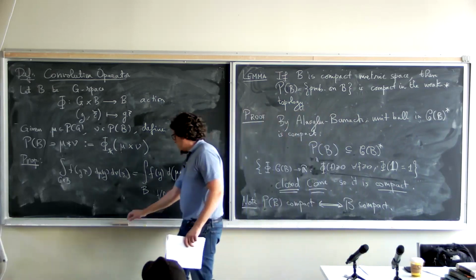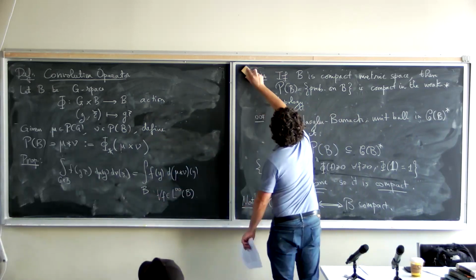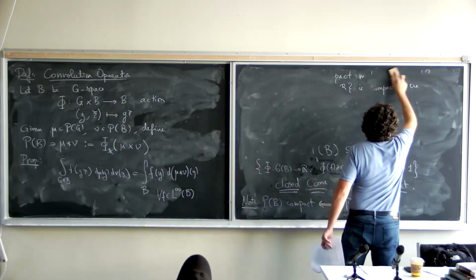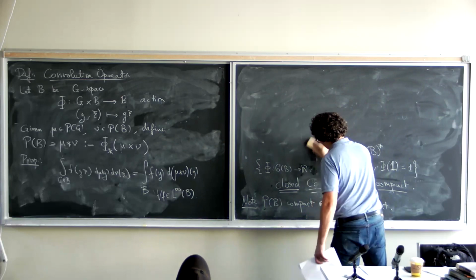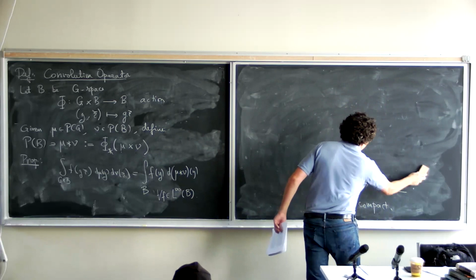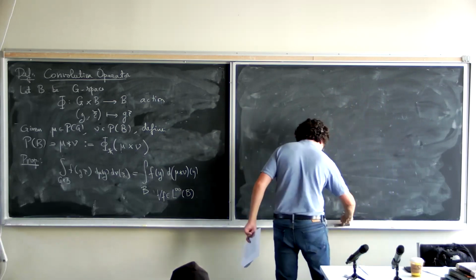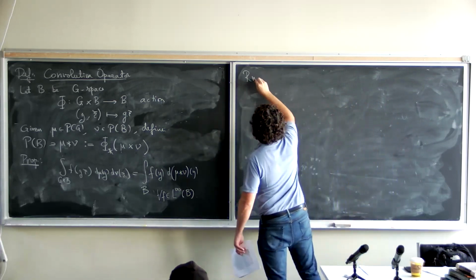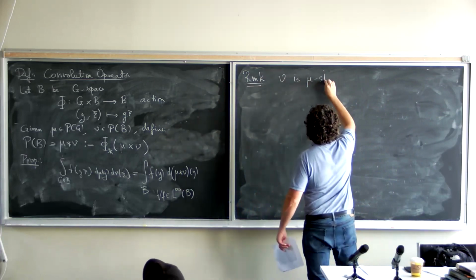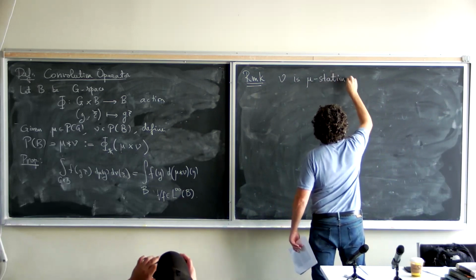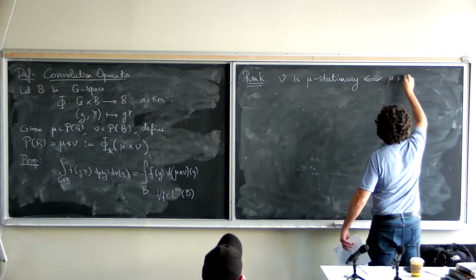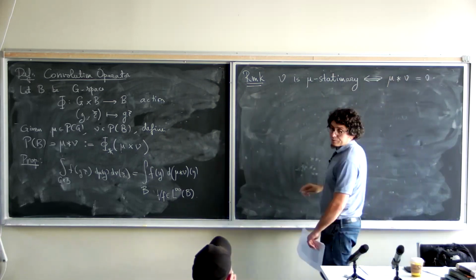And in fact, it's not so hard to see that a stationary measure is a fixed point of the convolution operator. So the remark is that nu is mu stationary if and only if mu star nu equals nu.